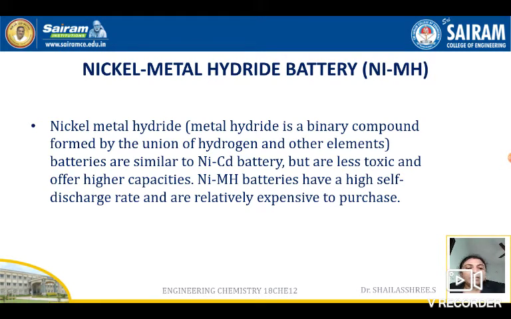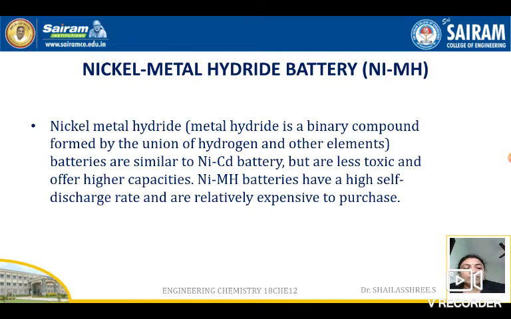These batteries are similar to the nickel cadmium battery, but they are less toxic and offer higher capacities. Nickel metal hydride batteries have a high self-discharge rate and are relatively expensive to purchase. They will be giving higher efficiencies, no doubt, but they may be costlier compared to other batteries. We can call this battery a modified version of the nickel cadmium battery.